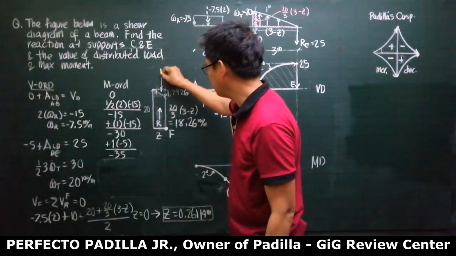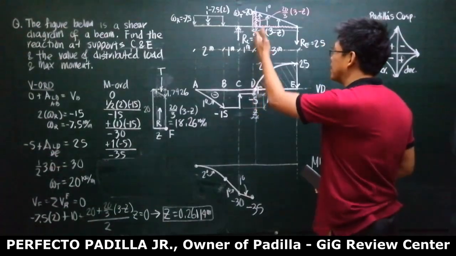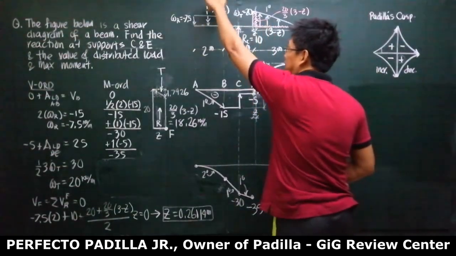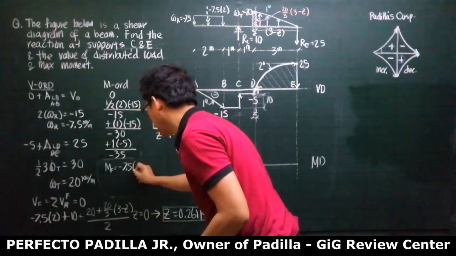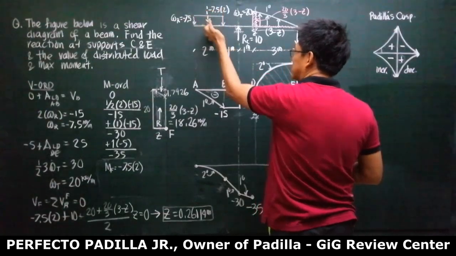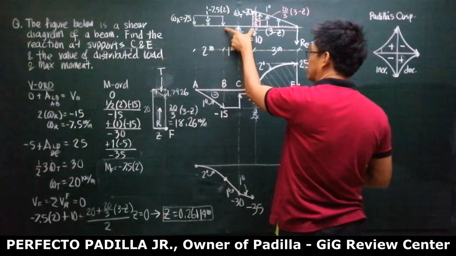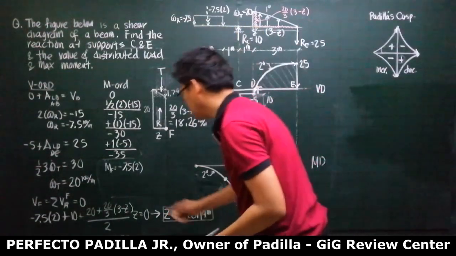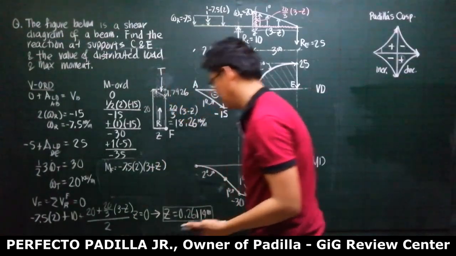Let me call this T. So, computing now the moment at F, that would be due to this, minus 7.5 times 2, that's the area of this one, times the moment arm from here to here, 1 plus 2, 3 plus z.